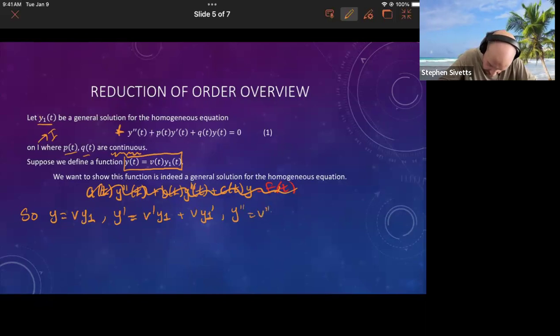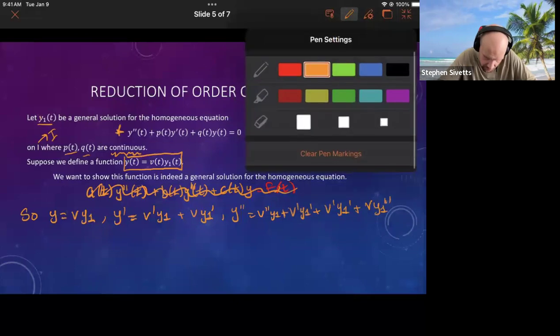So this is v double prime y1 plus v prime y1 prime plus v prime y1 prime plus v y1 double prime. Okay, so that's the second derivative of y.